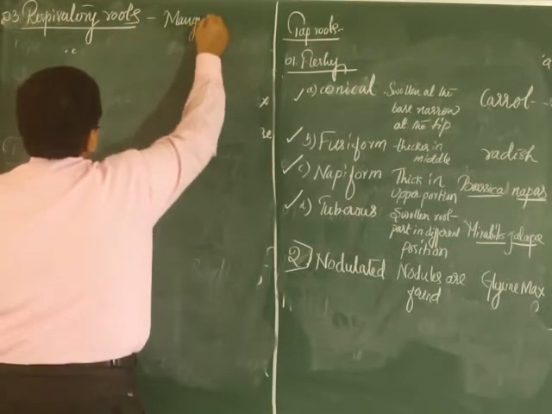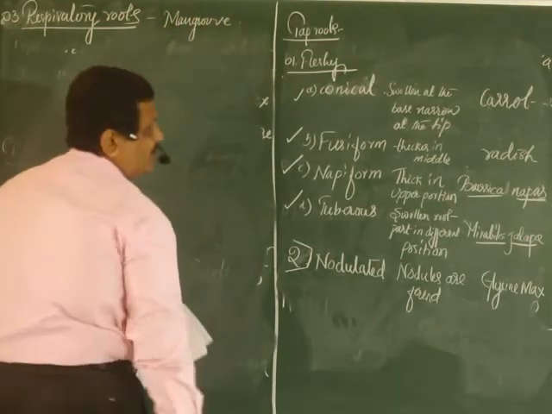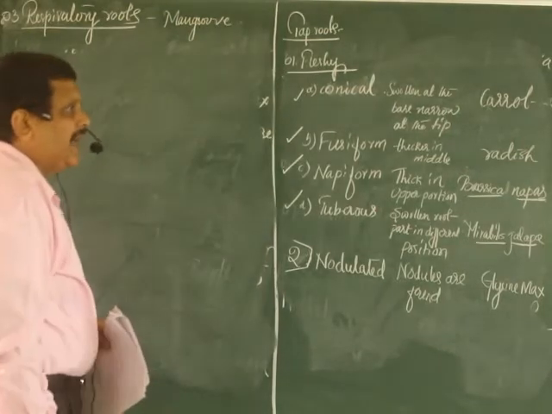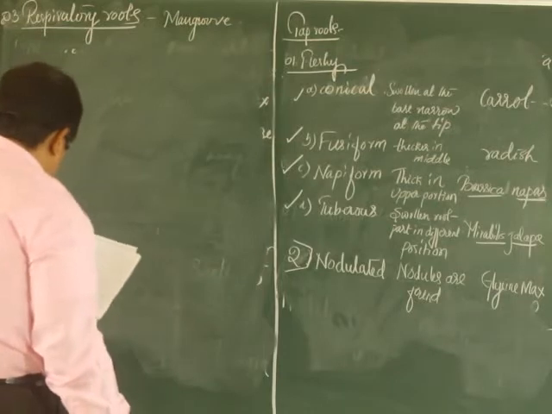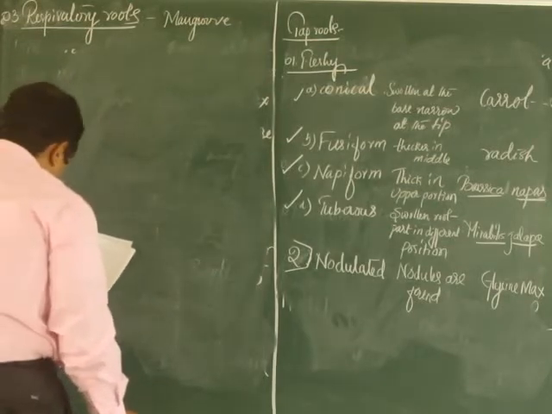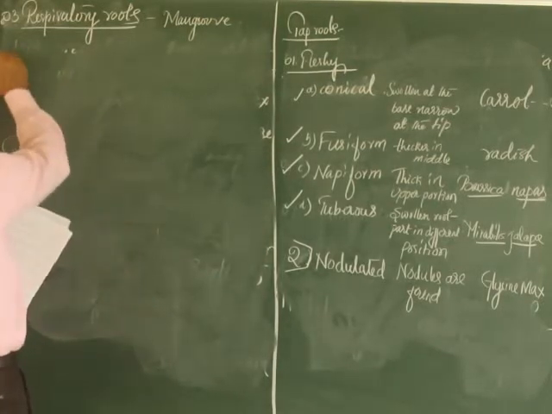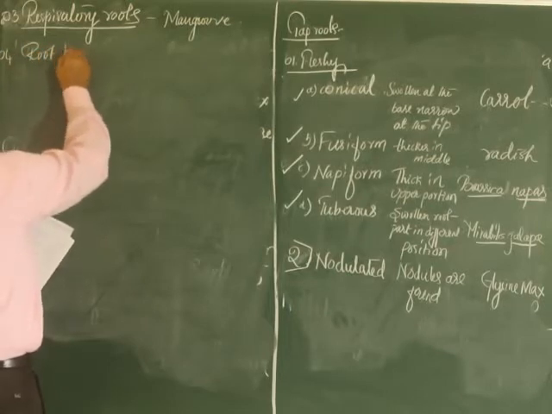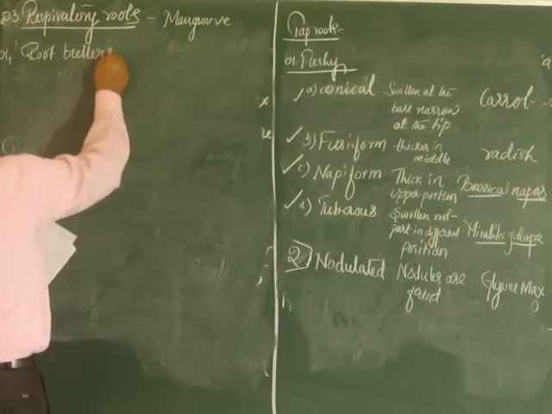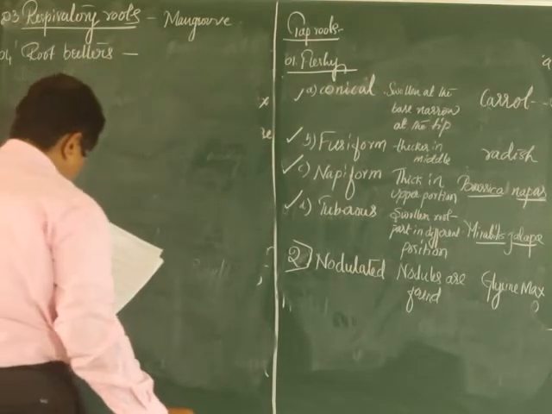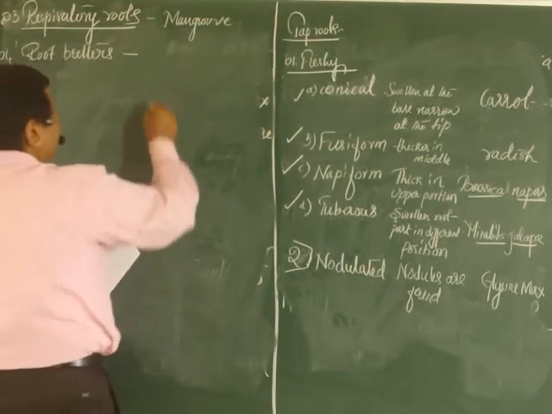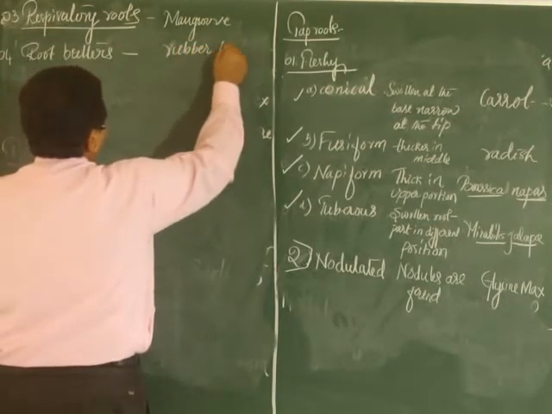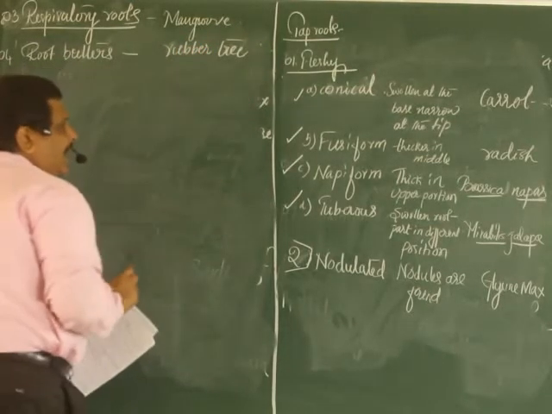I think you know where these mangrove plants grow: in estuaries where the river water joins the ocean. Then root buttress, 4th category in taproot. It is found in rubber tree.